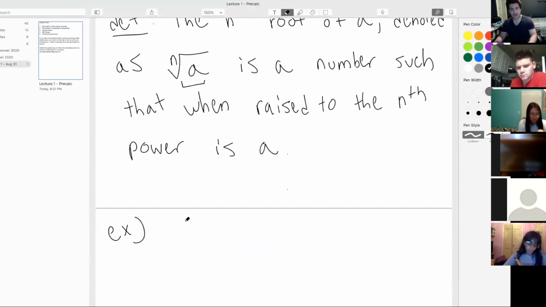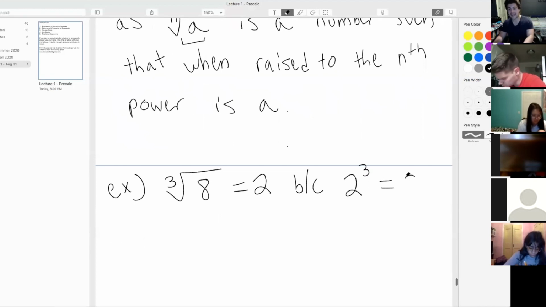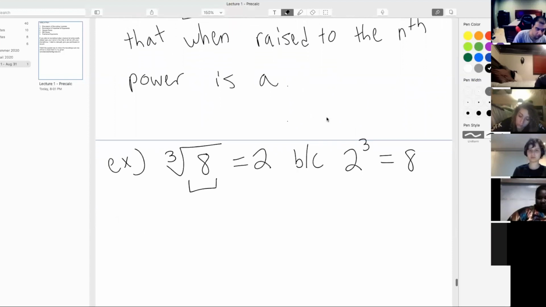So example, how about the third root, or the cube root, which you call it sometimes, of 8. This will be 2 because if I raise 2 to the third power, I get back exactly 8, which is that number in the radical. So I hope that's cool.